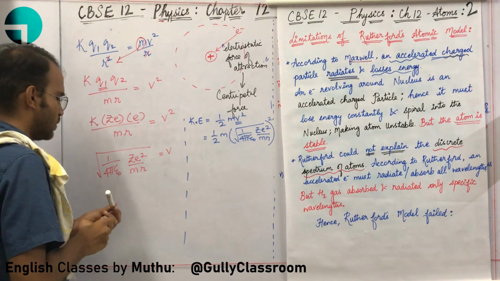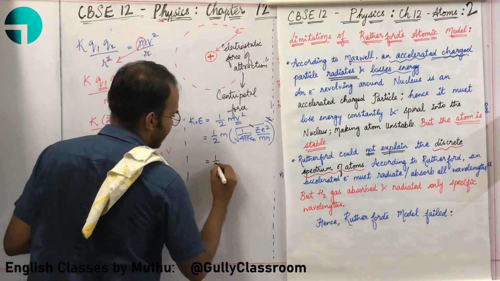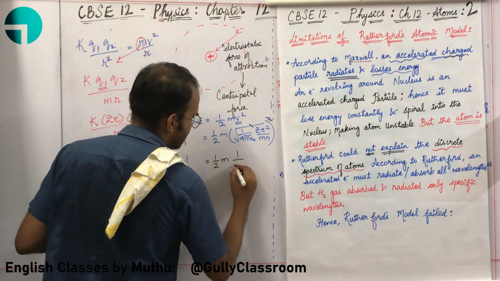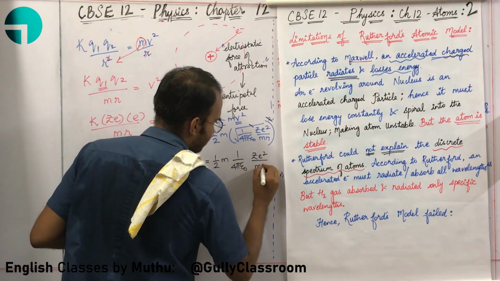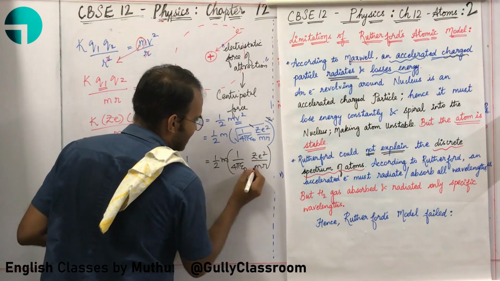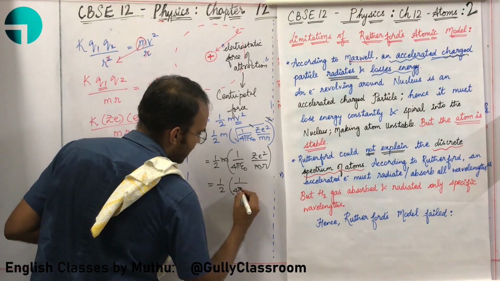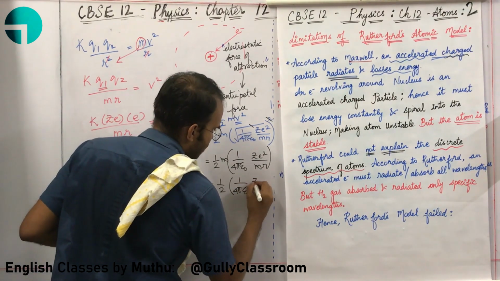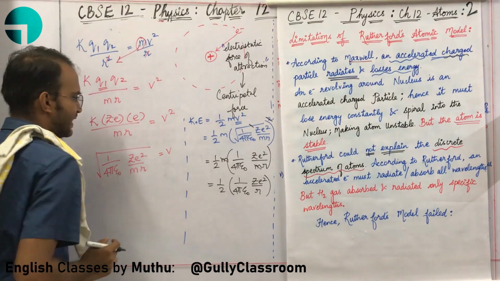The root and the square will get cancelled. So once the root and the square are cancelled, I can write half m into 1 divided by 4 pi epsilon naught Ze square divided by m r. I can cut this particular m and this particular m. So the final answer is half into 1 by 4 pi epsilon naught Ze square divided by R. So that is the kinetic energy.